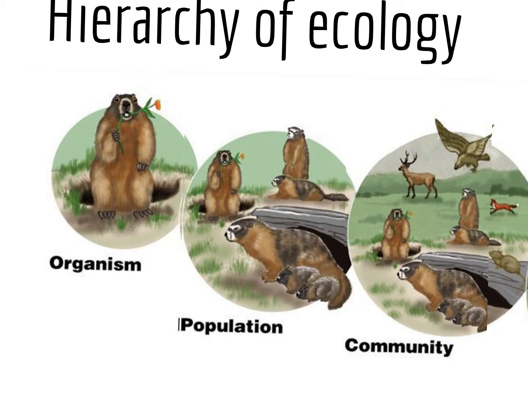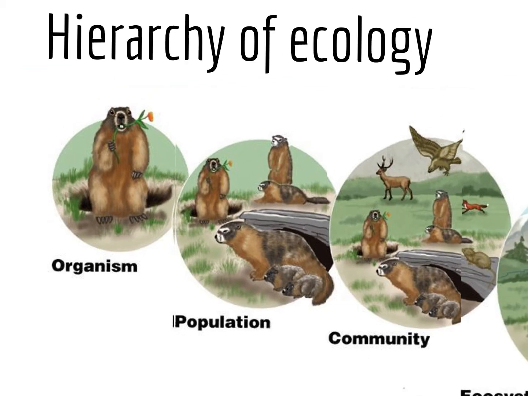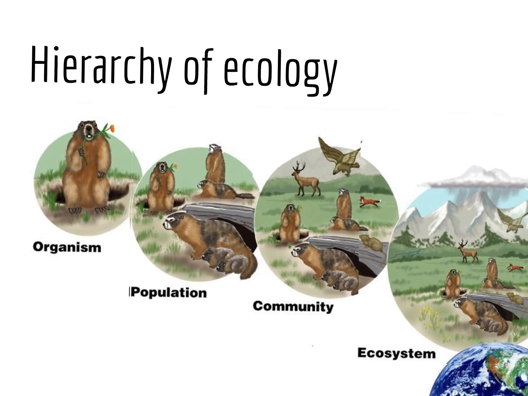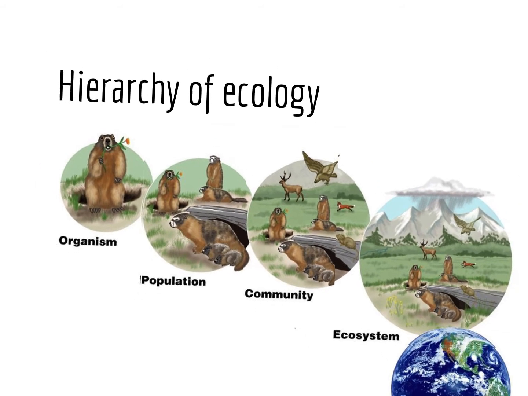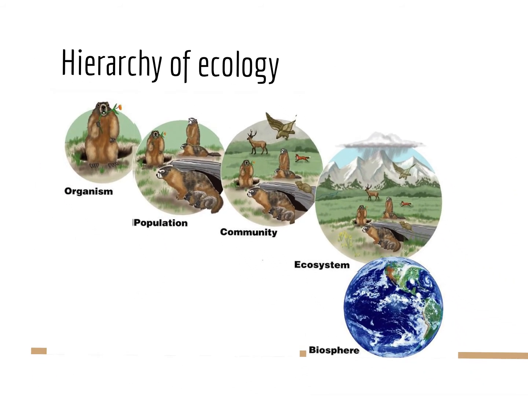And at this time, all of the relationships so far are talking about living organisms and their interactions together. When you start talking about how these communities are interacting with their physical environment, then you get an ecosystem. And then if you talk about all of the ecosystems that exist on our planet, you're discussing the biosphere.